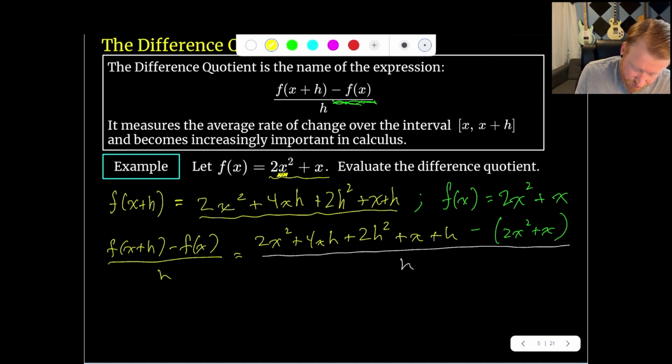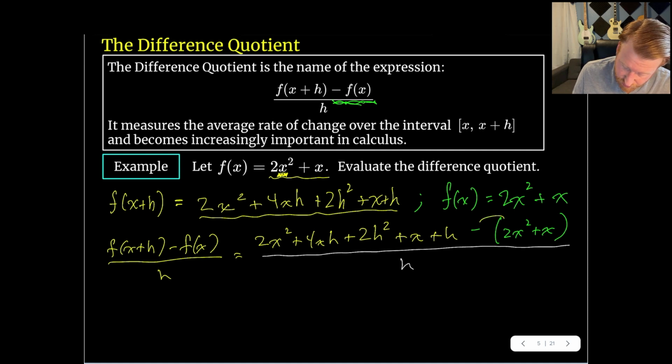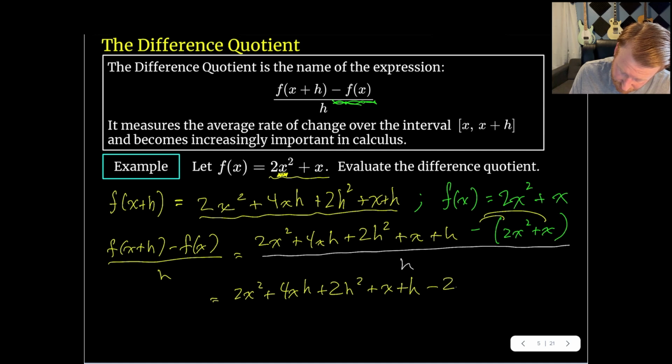In my next step, I'm going to distribute this here. So I'm going to have 2x squared plus 4xh plus 2h squared plus x plus h minus 2x squared minus x. So again, distributing inside here.